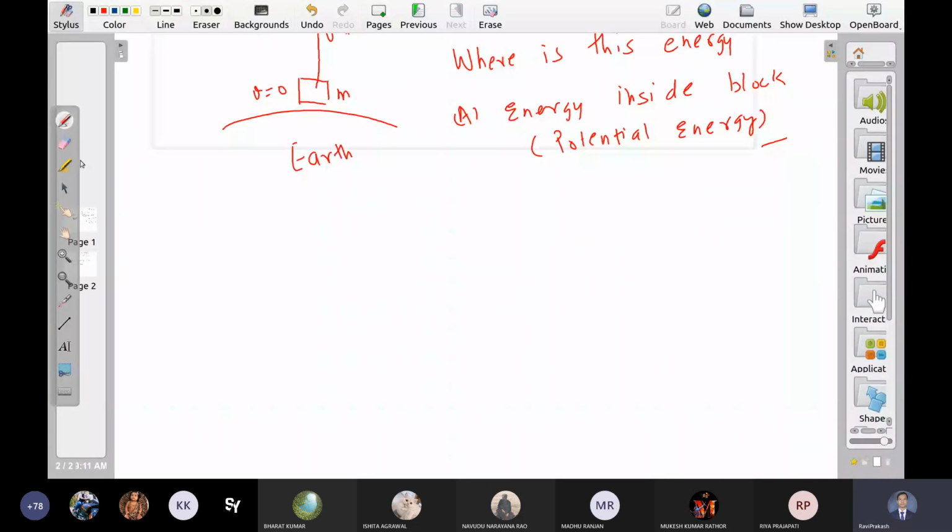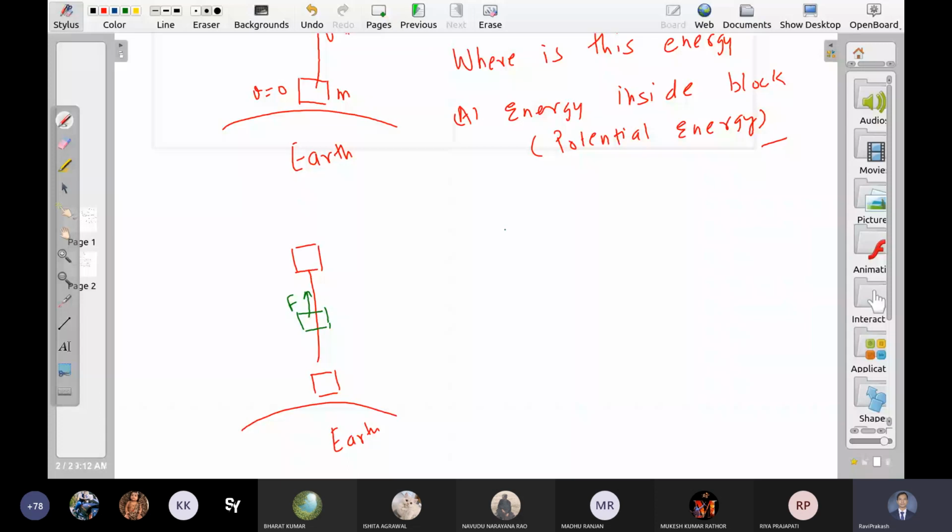This is Earth. This is a block, and we are lifting it to this position. This is some intermediate position, right? What is my force? Obviously, I am applying force in this direction, that is F, and the work done by me is how much?